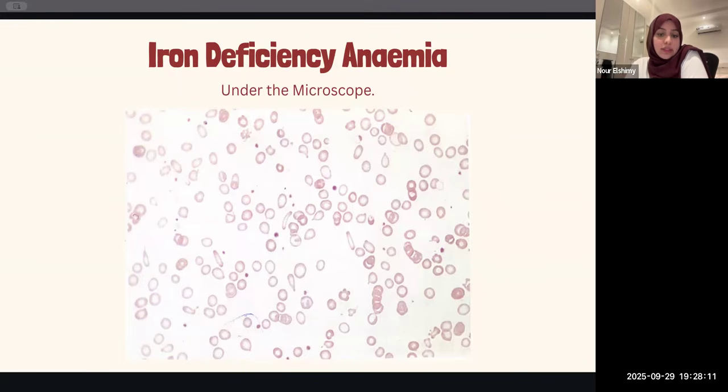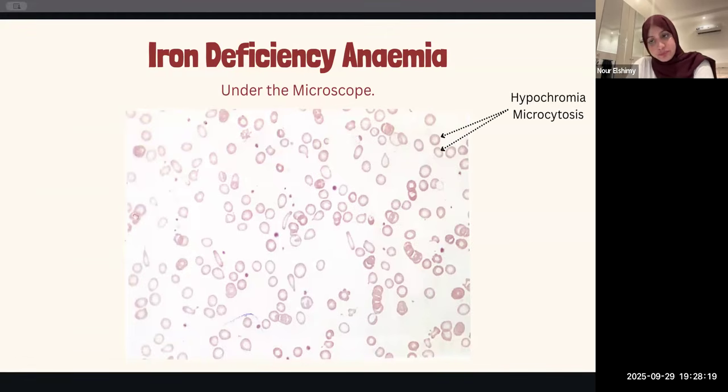So if you look at the cells, they're smaller than average and they're pale in the middle. So what do we call that? Hypochromia and microcytosis, okay? So when we describe it under the microscope, we say this is hypochromia, and microcytosis, which is basically them being small in size.